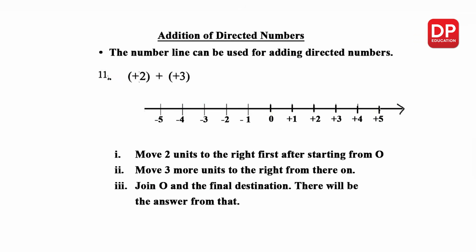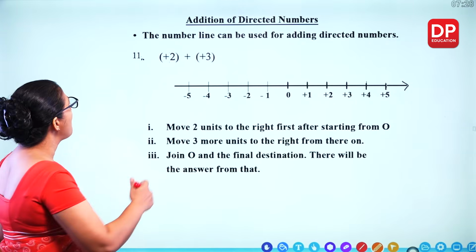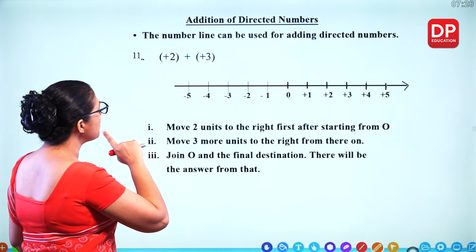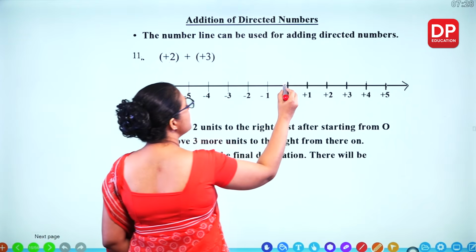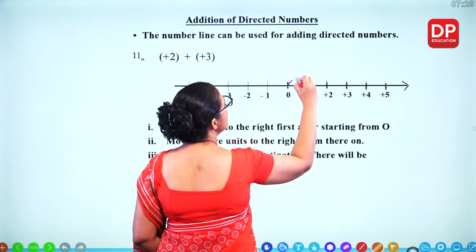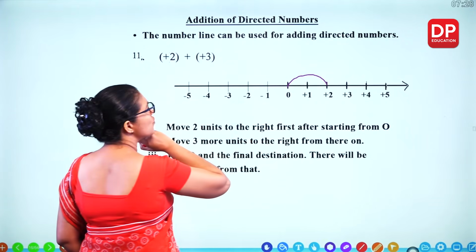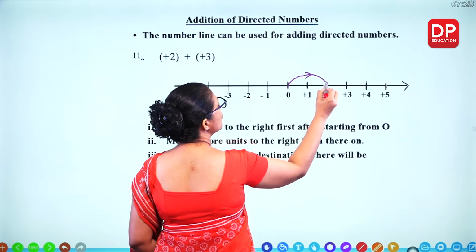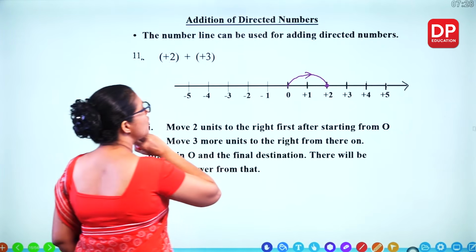Addition of directed numbers. The number line can be used for adding directed numbers. So we'll try to do this. Plus 2. What does plus 2 mean? From 0, you move 2 places to the right. That's plus 2. Now, this is a new position.